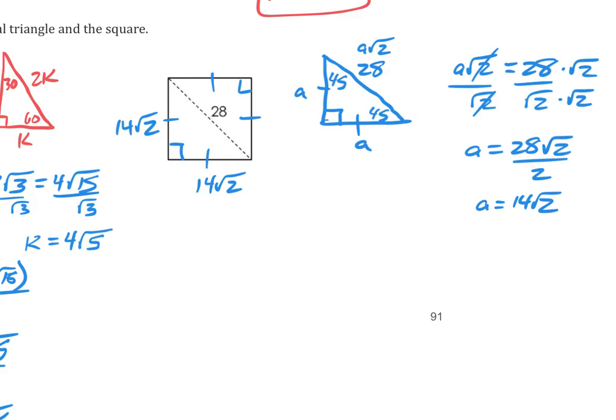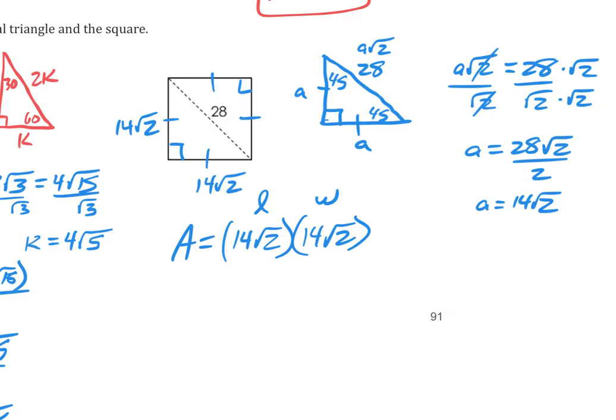How do we find the area of a square? We just did a triangle. How do I find the area of a square? Length times width, okay? In this case, the length and width are exactly the same thing. So we're going to take 14 radical 2, which is my length, times 14 radical 2, which is my width.